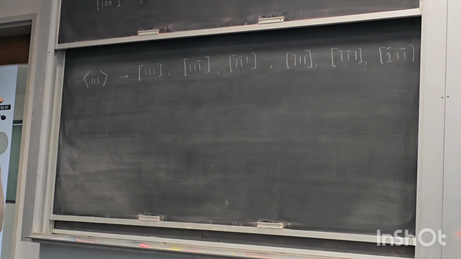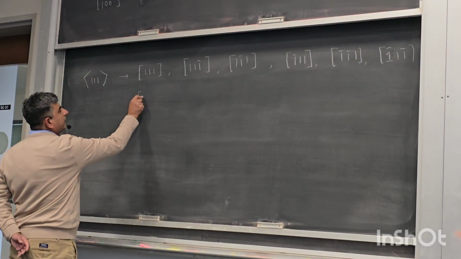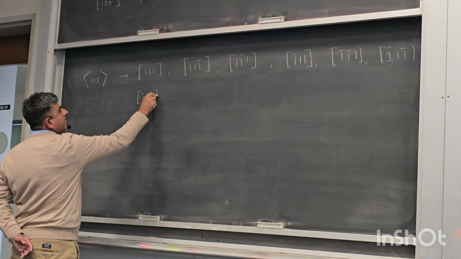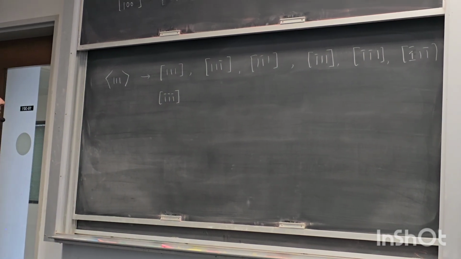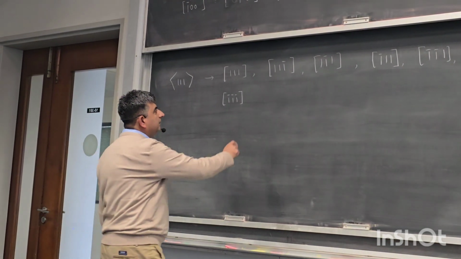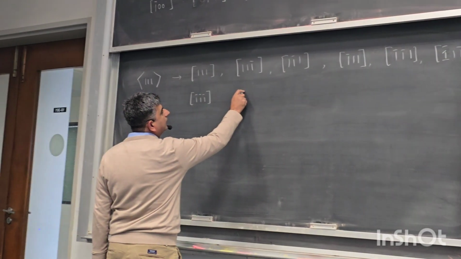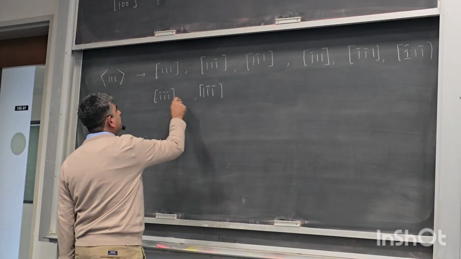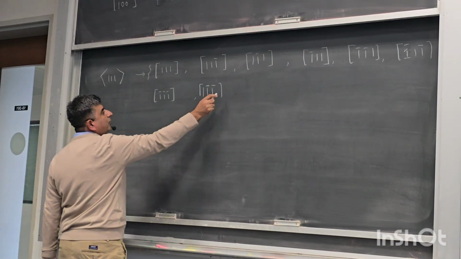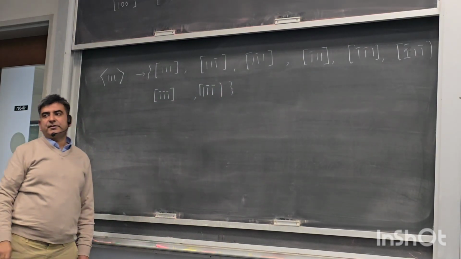You can also have all 3 of them negative, 1 bar 1 bar 1 bar. Right. So all 8 of these form a family of equivalent directions in the cubic system.